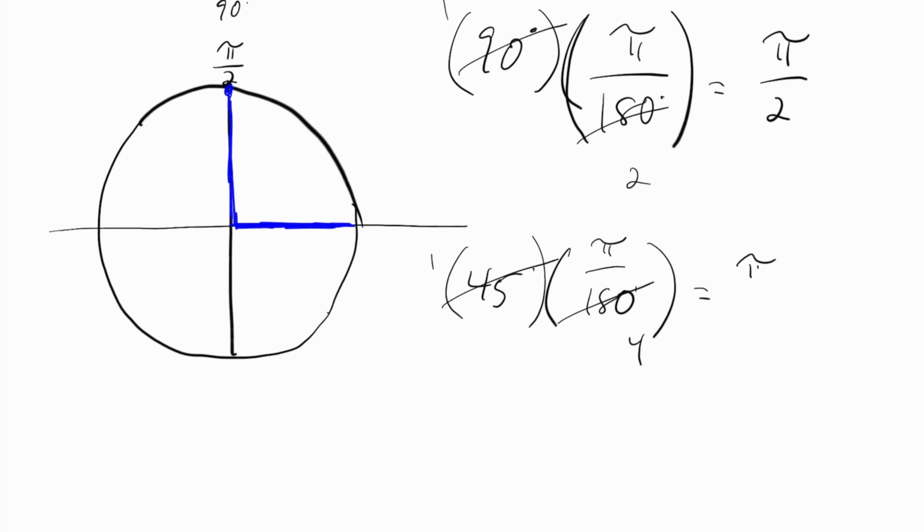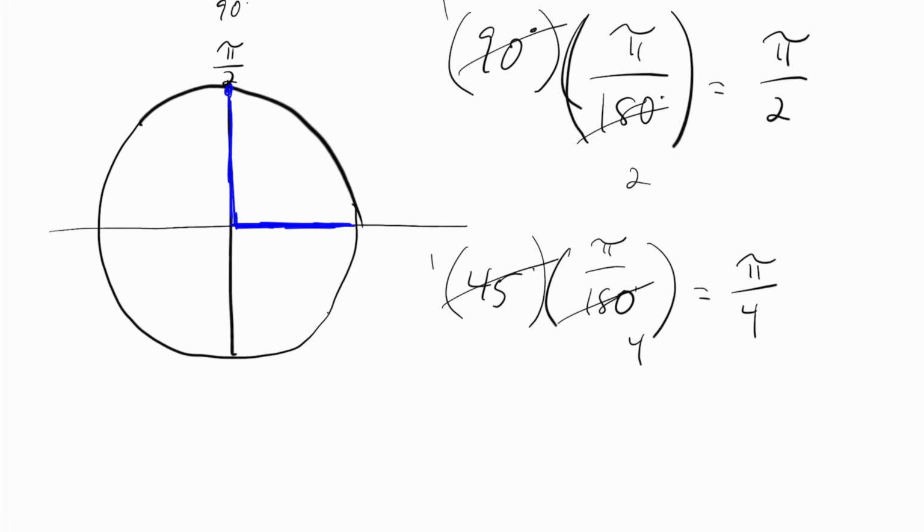So 45 degrees is equal to pi over 4, which also kind of makes sense. If pi is 180 degrees, we have four 45-degree angles in that 180. So each one of those fourths is going to get us pi over 4.